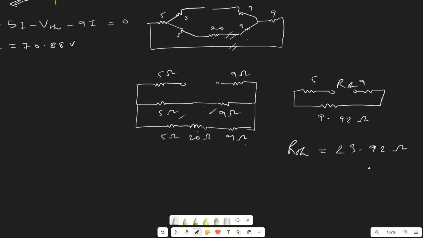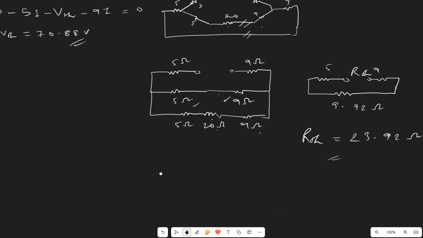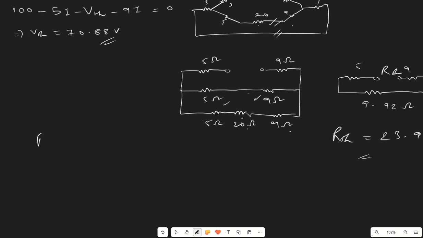Okay, so this is RTH, this is VTH, we have already obtained. So now as per the maximum power transfer theorem, the value of RL equals 23.92 ohm. The value of VTH we have already obtained, 70.88 volt.